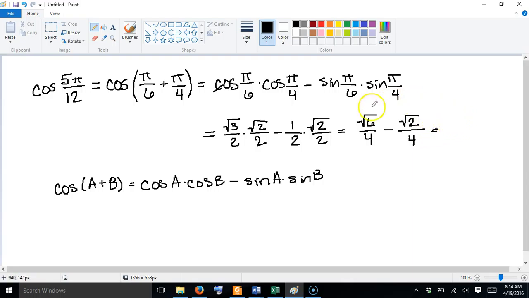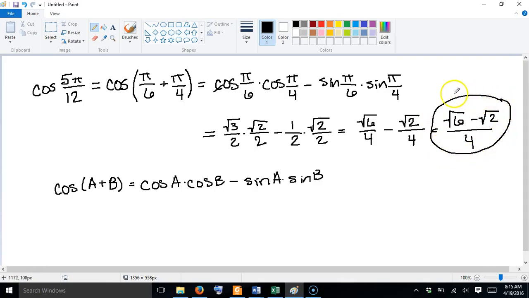Now express this as over just one denominator, which is easy in this case, because we already have the same denominator. And there you have it. We are done with that one.